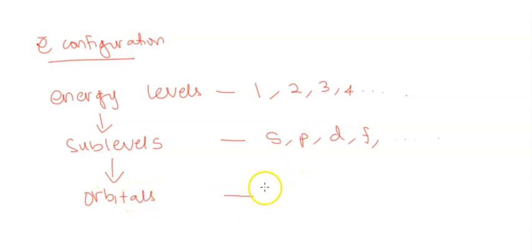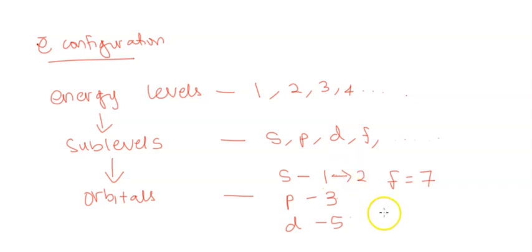For S, it has one orbital. For P, it has 3, D has 5, and F has 7. Each of these orbitals can hold up to 2 electrons.